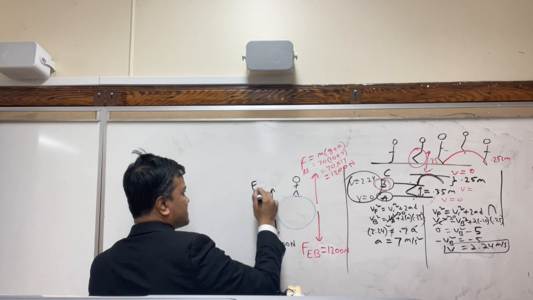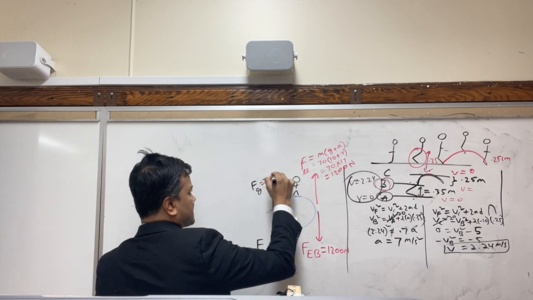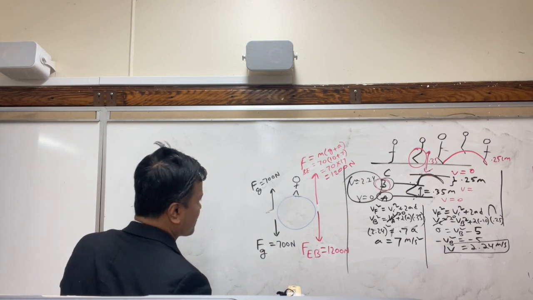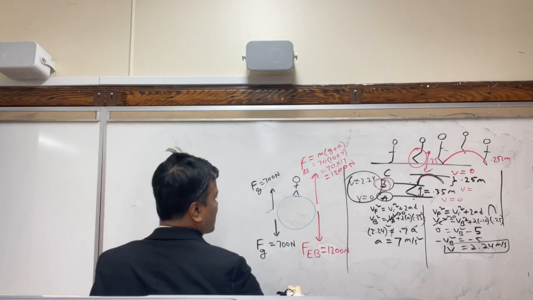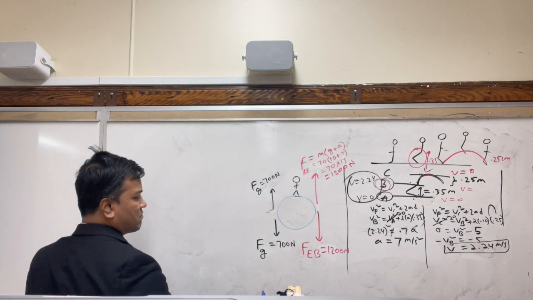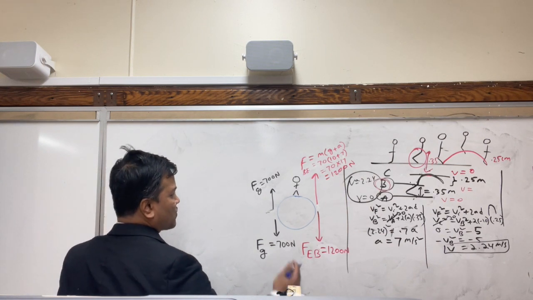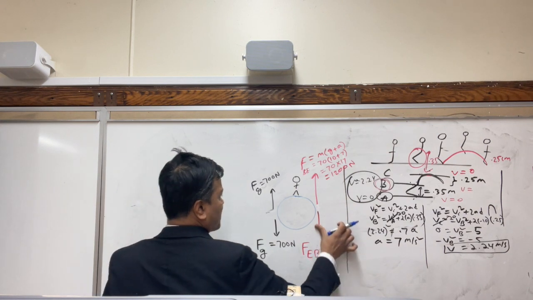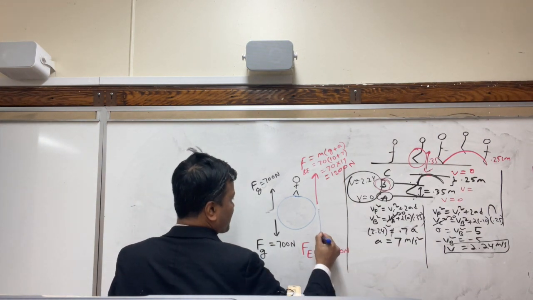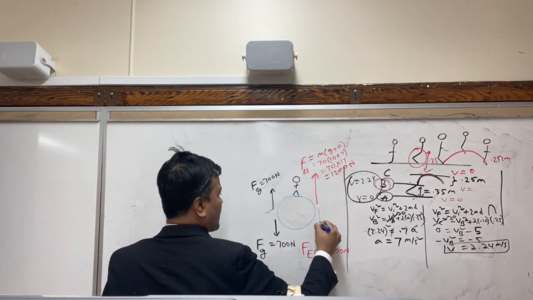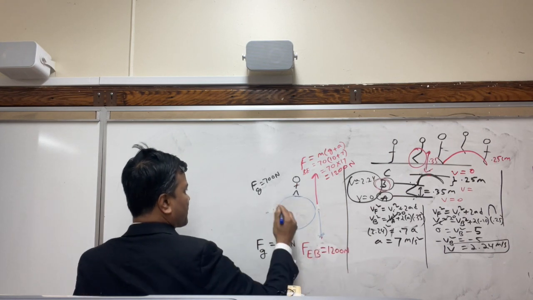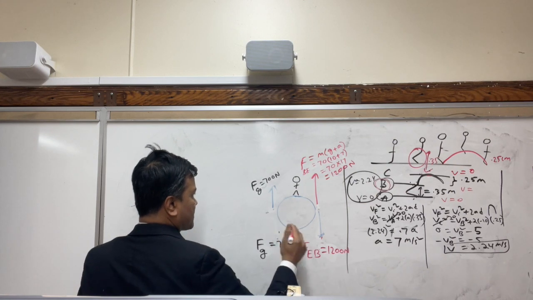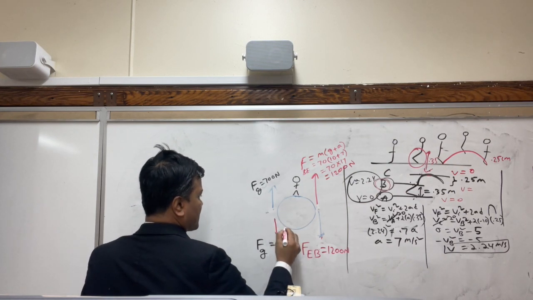I want to call that Fg upward. Okay, so now we have enough information to find the net forces. I'm going to make these two blue, and I'm going to make these two red.